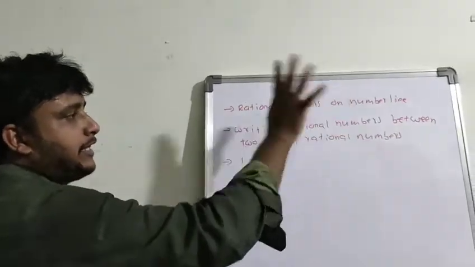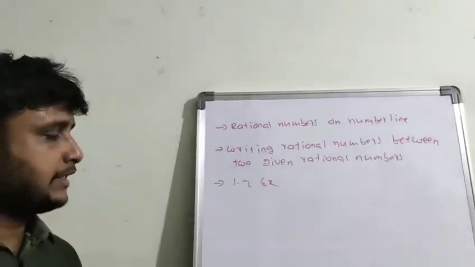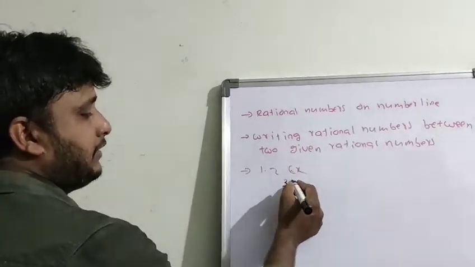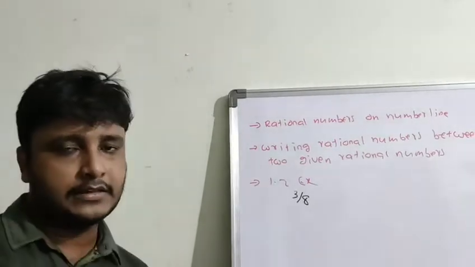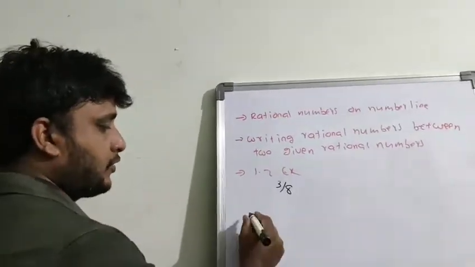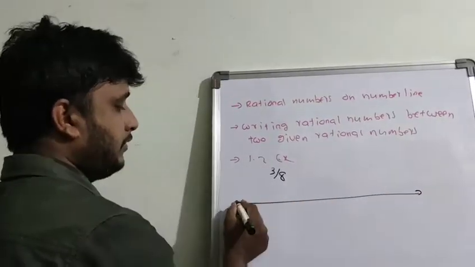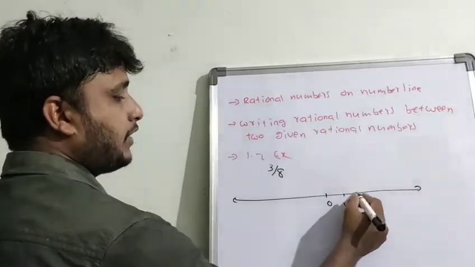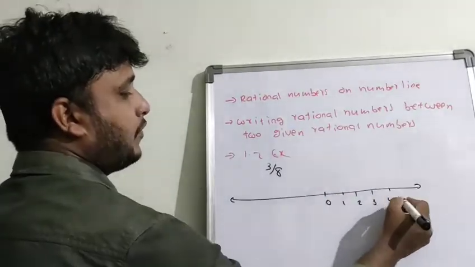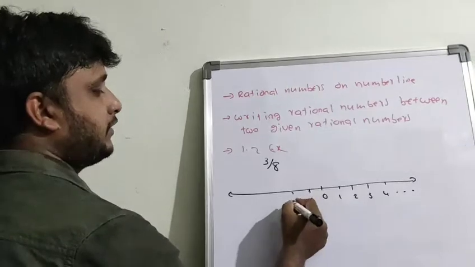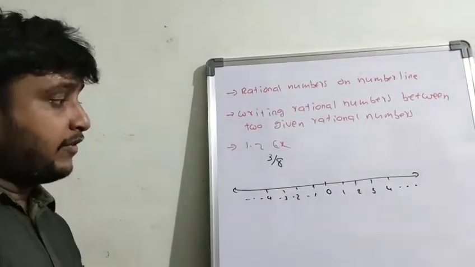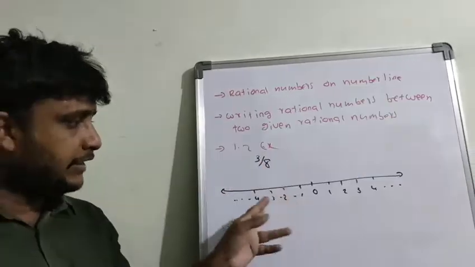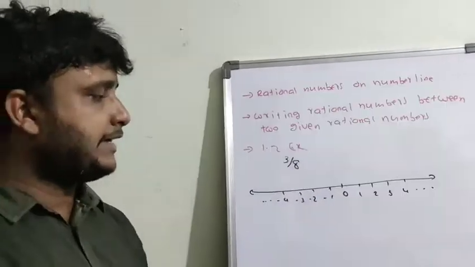So, how to represent rational numbers on the number line? See, for example, I want to represent 3 by 8 on the number line. For this purpose, you have to take the integers number line. Take 0, on the right hand side 1, 2, 3, 4 and so on, and -1, -2, -3, -4 and so on. But if you observe, 3 is there, but 3 by 8 is not there.